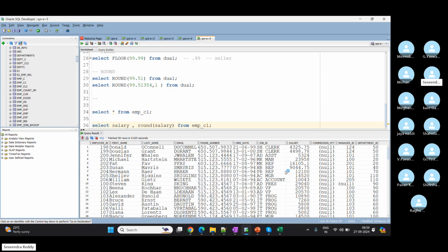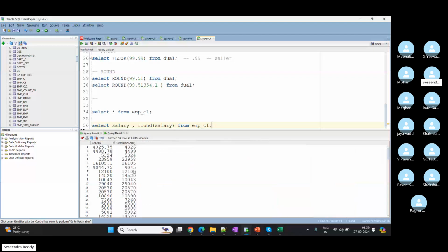So now you tell me, if I use the round function on this salary, what will be the amount? I'm not specifying any decimals, direct round. 4499. Correct, 4499.